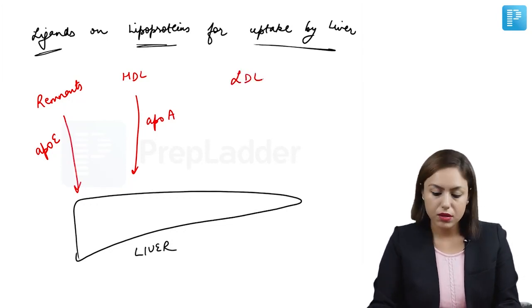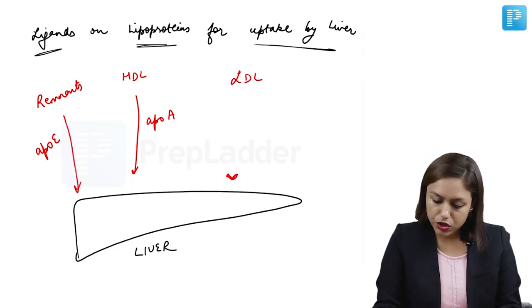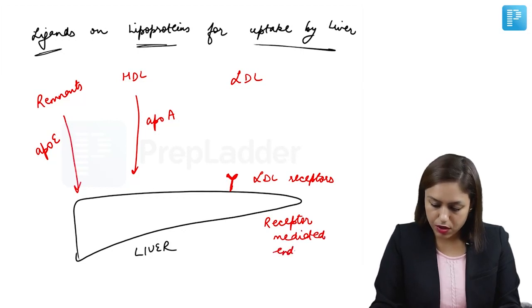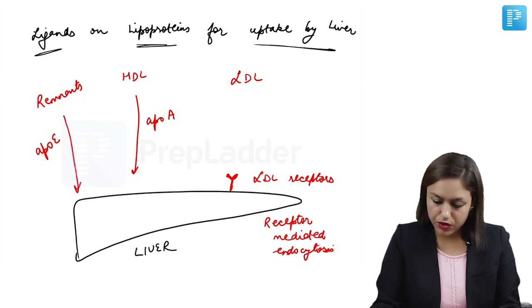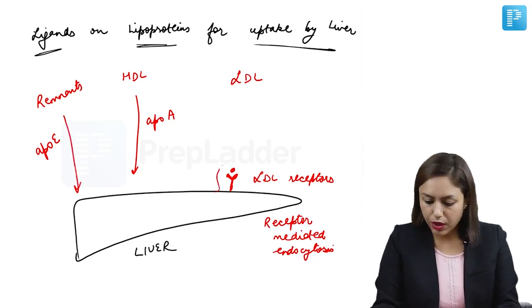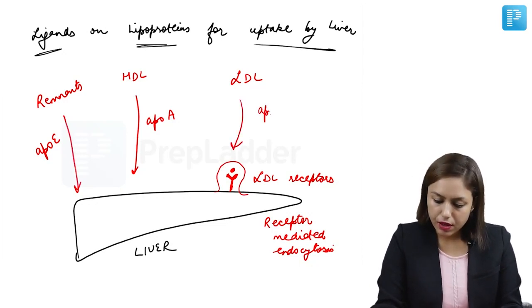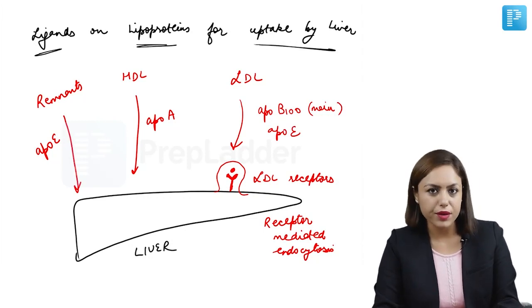And for LDL, there are special LDL receptors present on the liver which are doing receptor mediated endocytosis. Receptor mediated endocytosis means when LDL particle will attach to this receptor, both are taken up into the liver cell, right? Now what are the ligands here? Here the main ligand is ApoB100. ApoB100, also ApoE is the ligand here, right?